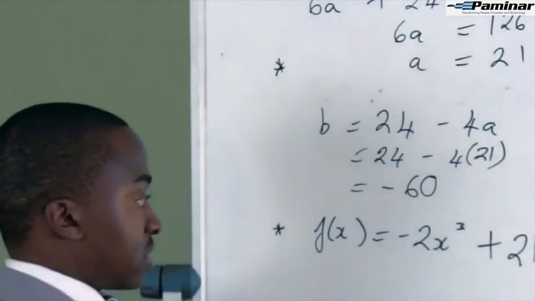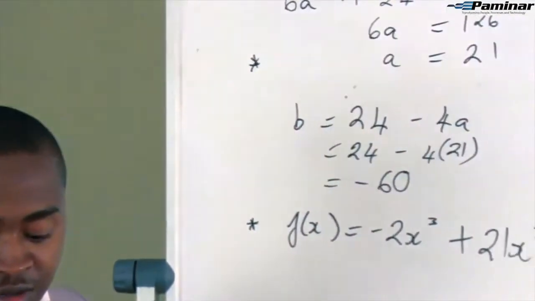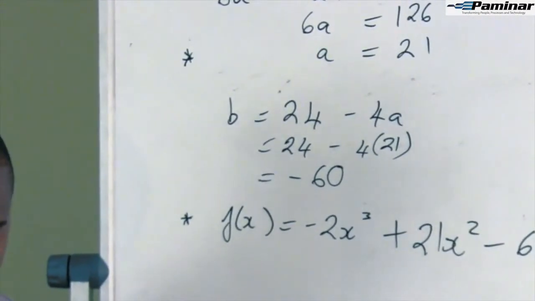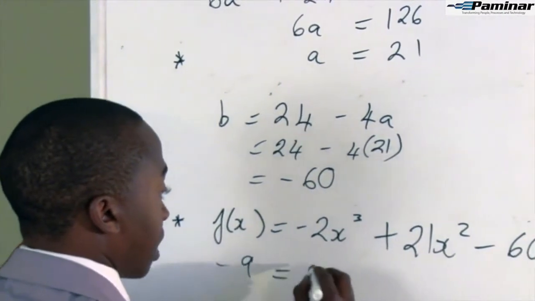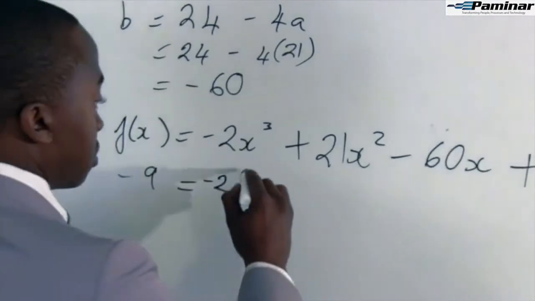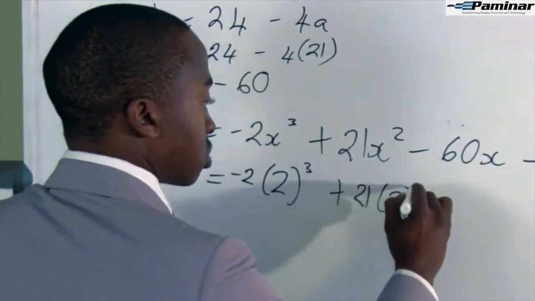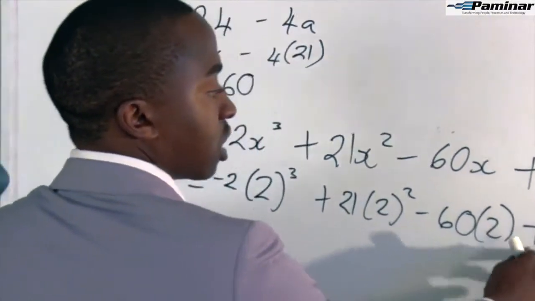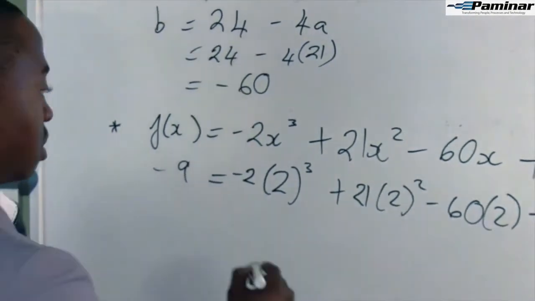What I mean by that is, we know that at the point t, x is equal to 2 and y is equal to negative 9. We can use that to solve for c. So negative 9 should equal negative 2 times 2 cubed plus 21 times 2 squared minus 60 times 2 plus c. That's a simple equation now.